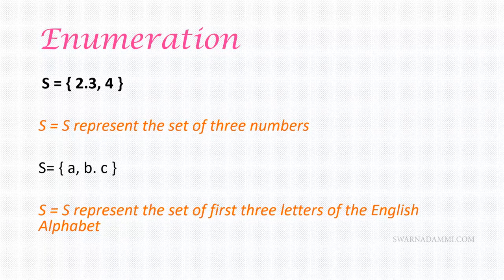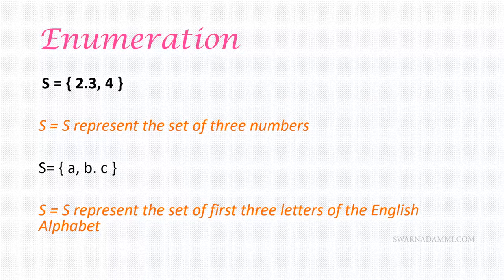S equal within braces 2, 3, 4, is representing the set of 3 numbers. Another example is S is a set that is equal A, B, C, that is representing the first 3 letters of the English alphabet.